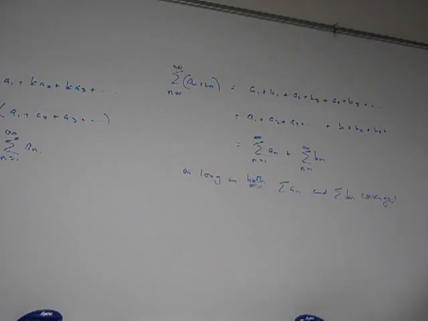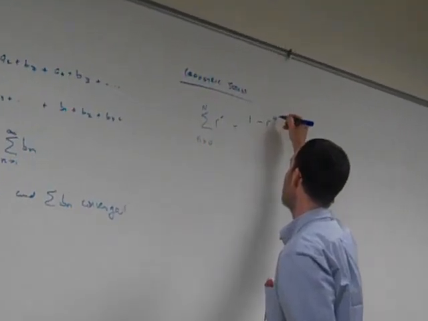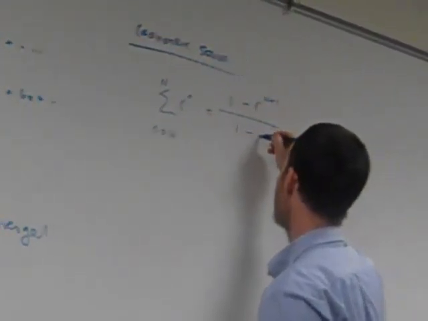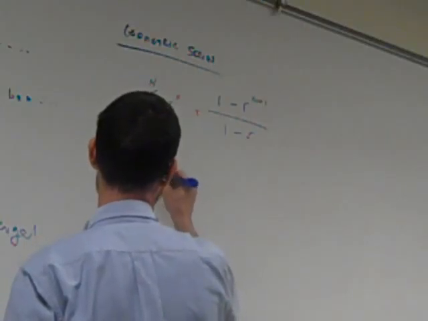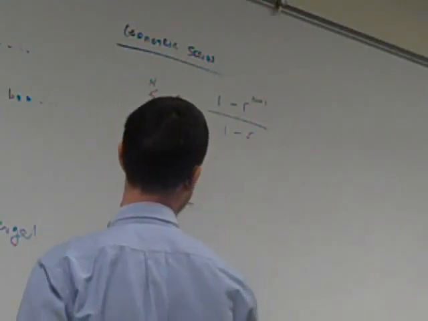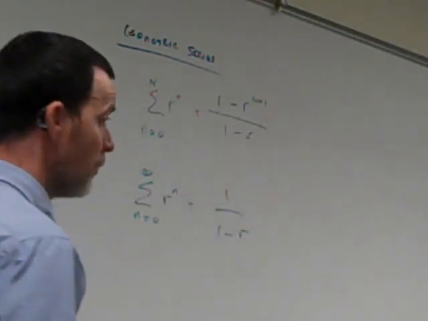Sum from n equals 0 to n of r to the n is 1 minus r to the n plus 1 over 1 minus r. We had those two rules that we had written down for geometric series. I forget what numbers those were, but those were two things that we had figured out from working on geometric series.